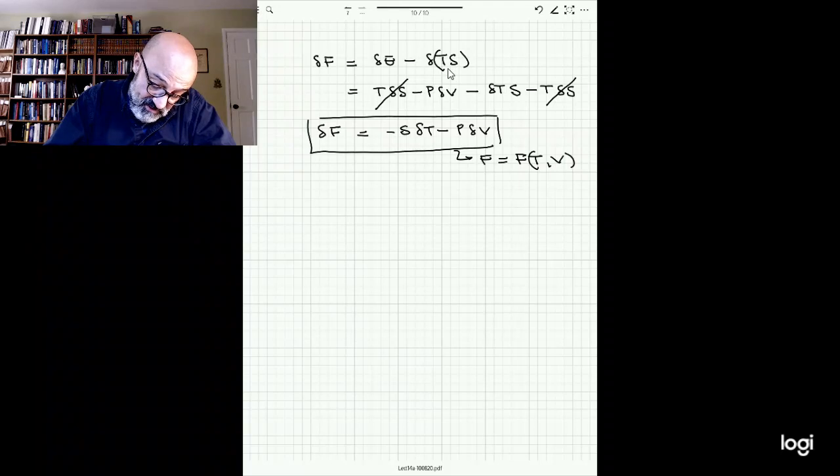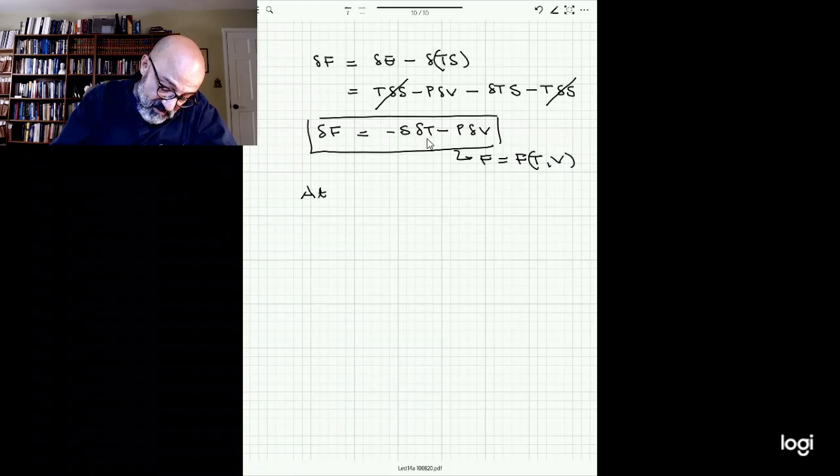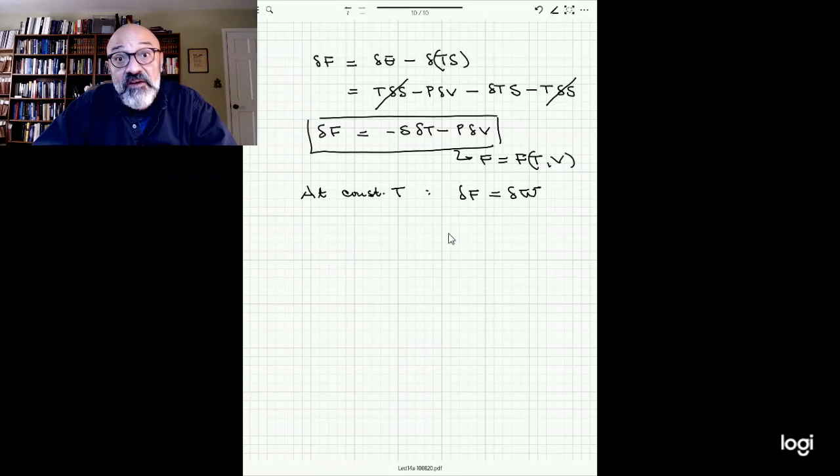So in particular, at constant T, the change in the free energy is the work. So this is why this is called free energy. It's the amount of work you can extract when the system is undergoing a process at constant temperature.